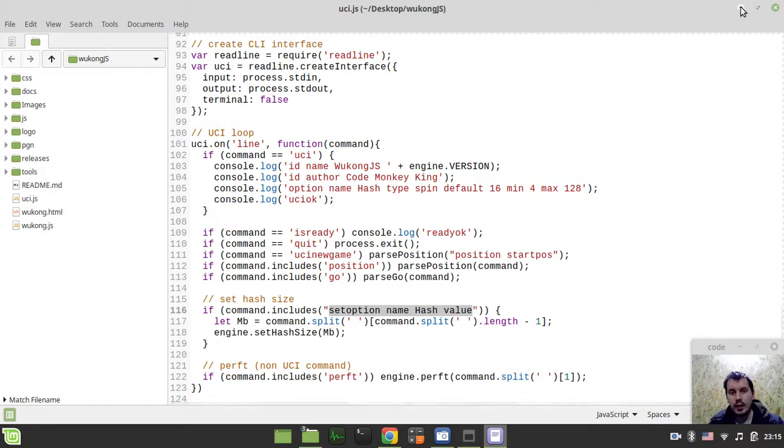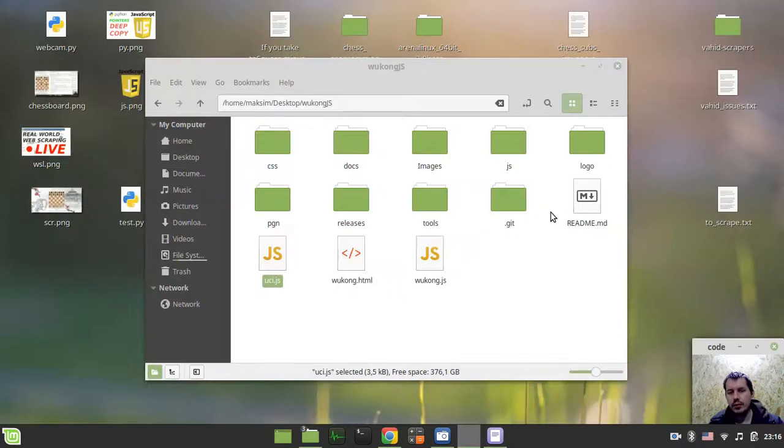And one last thing: if you don't really want to get your hands dirty with this UCI stuff and running the script as a backend, installing Node.js and all this, and you just want to change the size of the transposition table directly in the browser, this is also possible.